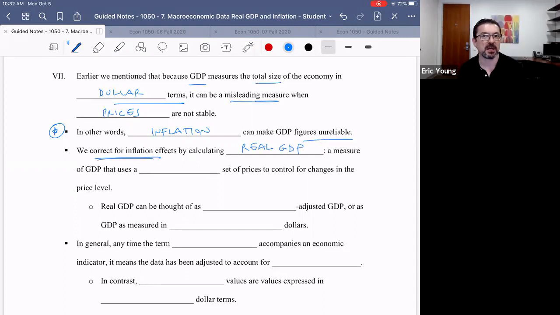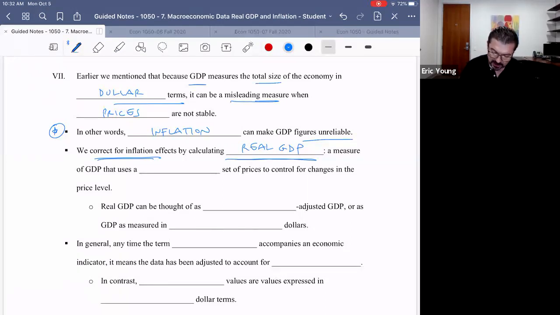We correct for these inflation effects by calculating what we're going to call real GDP. What we covered before was just GDP. You could also call it nominal GDP if you were so inclined. But we're now moving from regular or nominal GDP to this idea of real GDP.